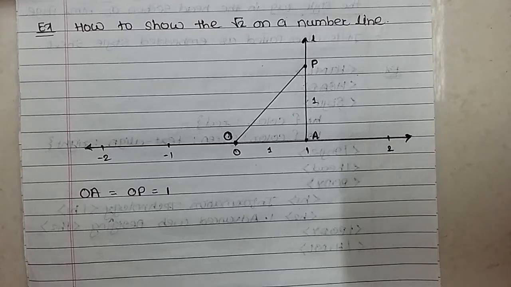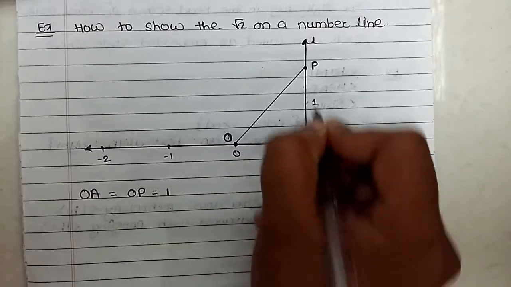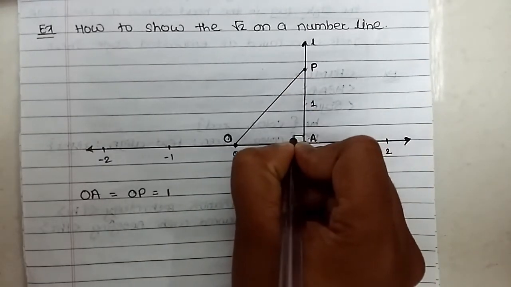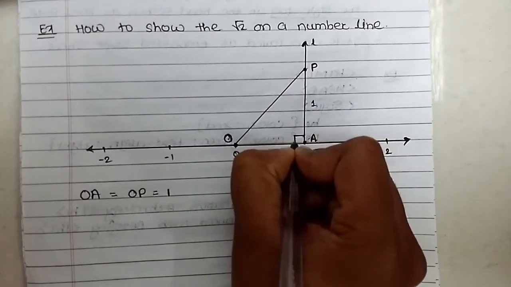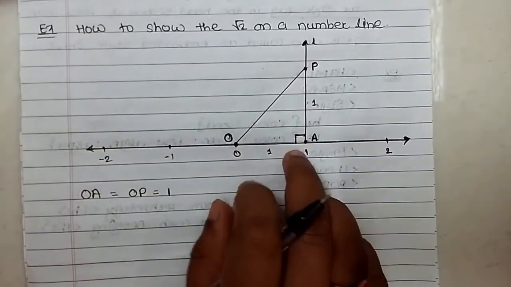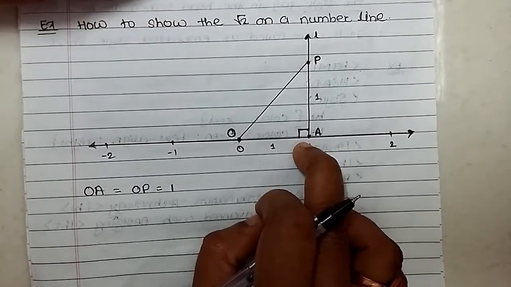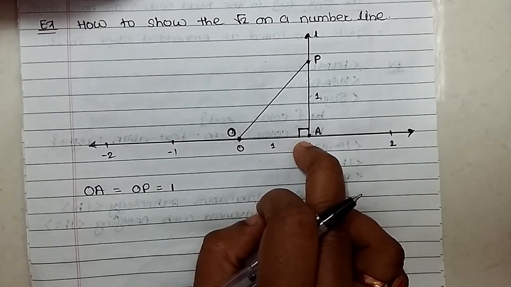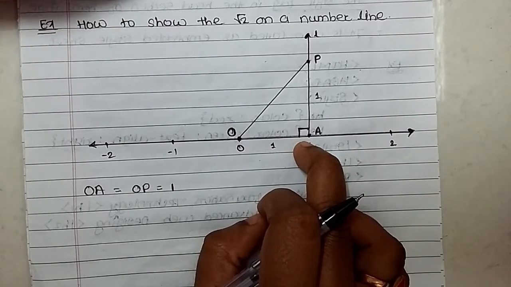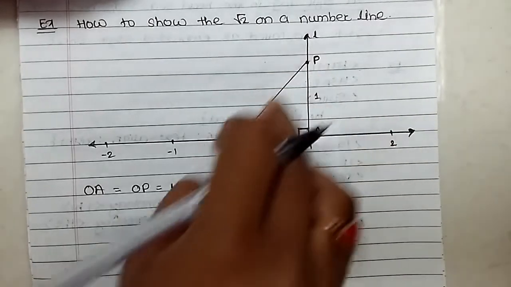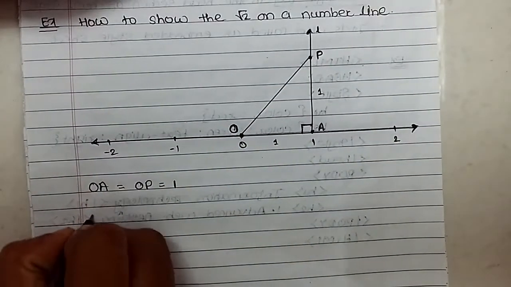The triangle OAP formed is a right angle triangle, that means it has a 90 degree angle here. So when the triangle is a right angle triangle, the Pythagoras theorem is used to calculate this diagonal. So what is the Pythagoras theorem?